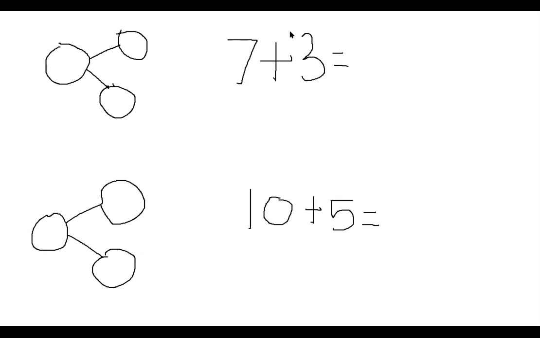So you know that the equation gives you 7 and 3. So we are going to fill our parts with the number 7 and 3. And this one we know that the equation gives us 10 and 5.